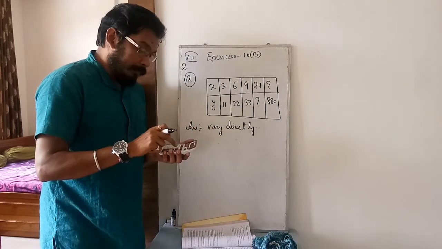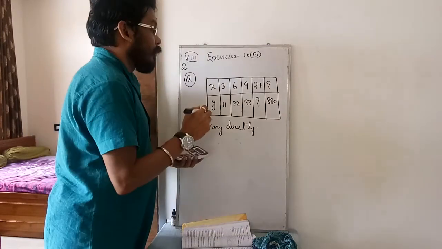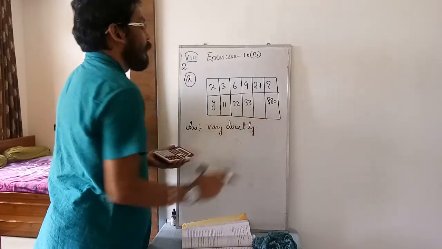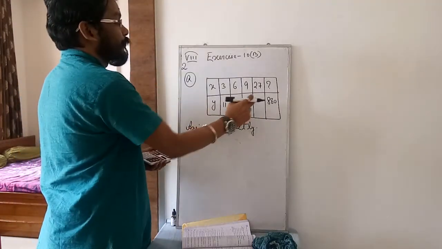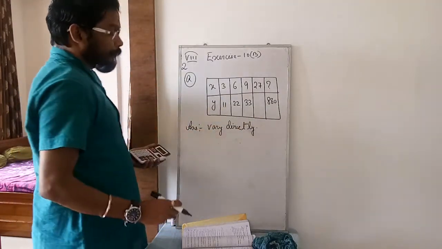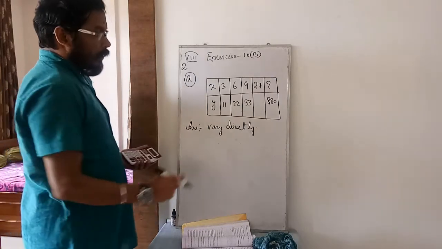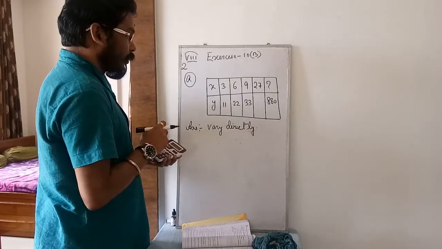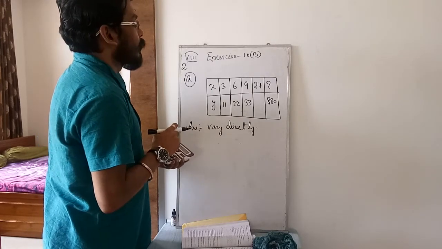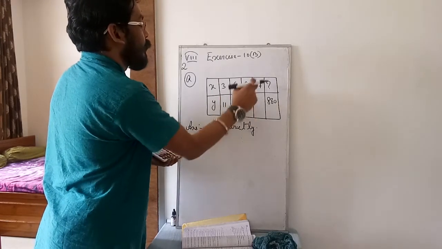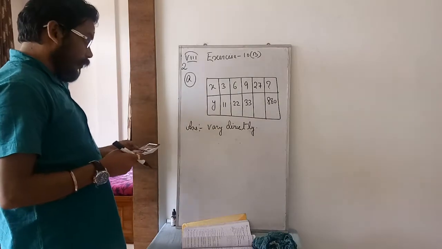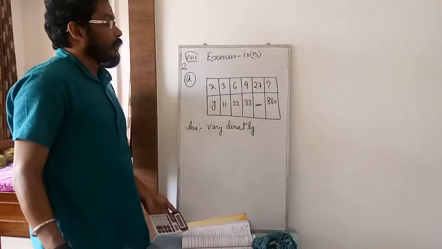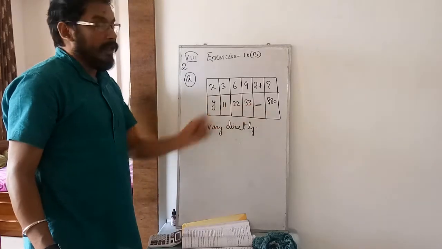What should I put here to get 11? If I put 297, I will get 33. So this by this equals this by this, no? So the value will be calculated. What will be the value here? 27.